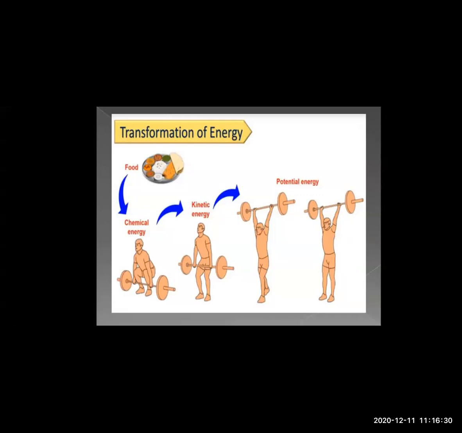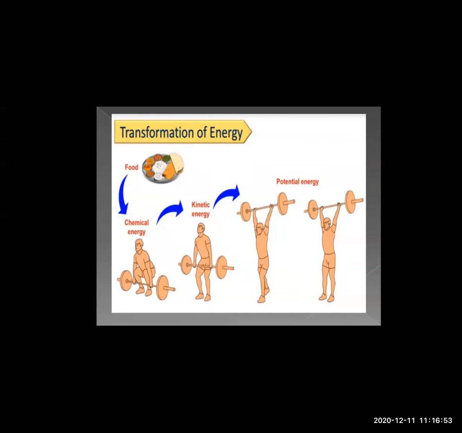Okay, so when we eat food, what happens? The food energy is transferred into mechanical energy. As you all know, the food breaks down into smaller particles in our body, and they give us chemical energy. And afterwards, the chemical energy is converted into kinetic energy, and then the kinetic energy is converted into potential energy.